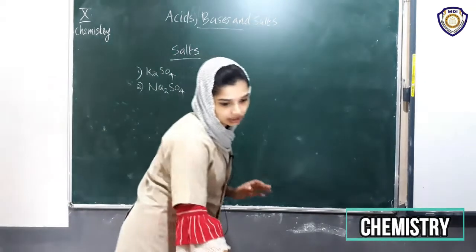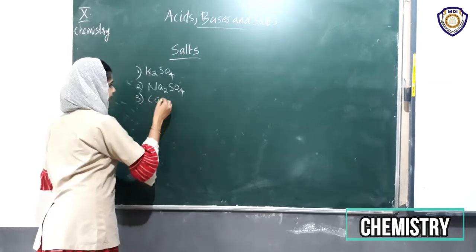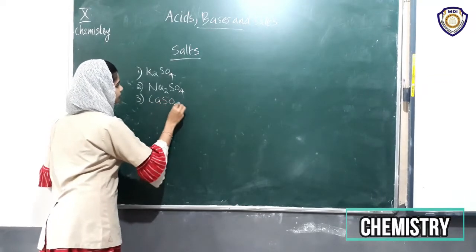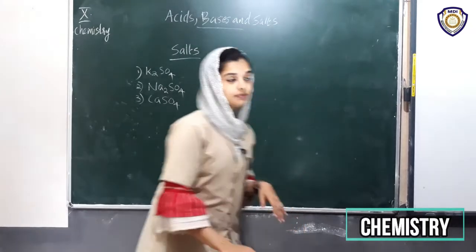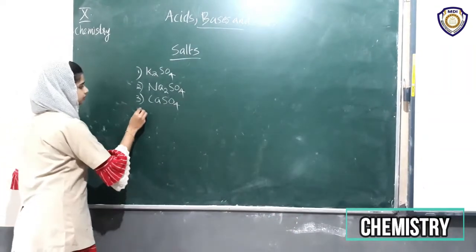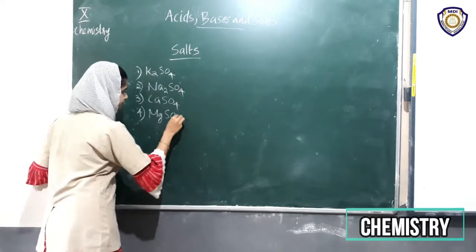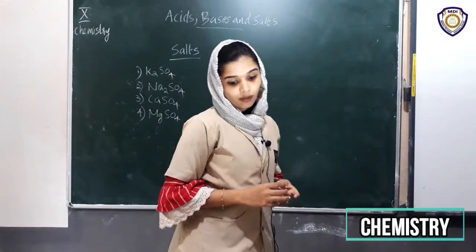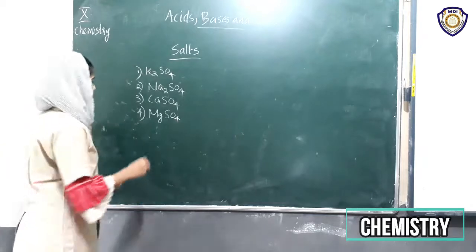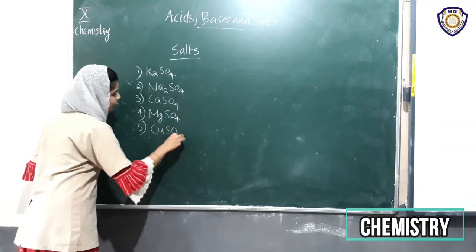Next, calcium sulfate: CaSO4. Then magnesium sulfate: MgSO4. Then copper sulfate: CuSO4.